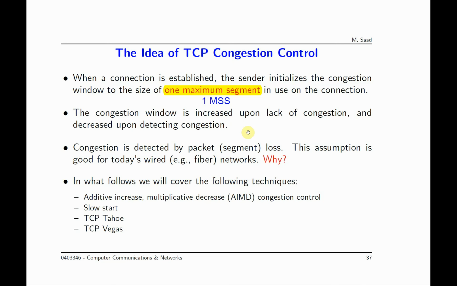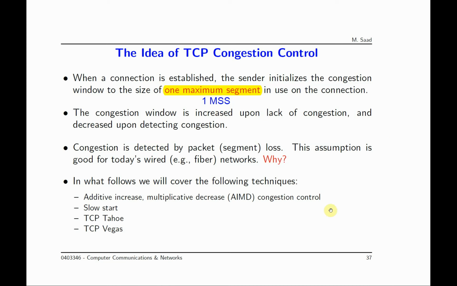So this is the deal. Initially, at the first transmission over the connection, the congestion window is equal to one maximum segment, the basic segment size. And then we send our segment. If we think that there is no congestion, the congestion window will go up. If we think that there is congestion, the congestion window will go down.